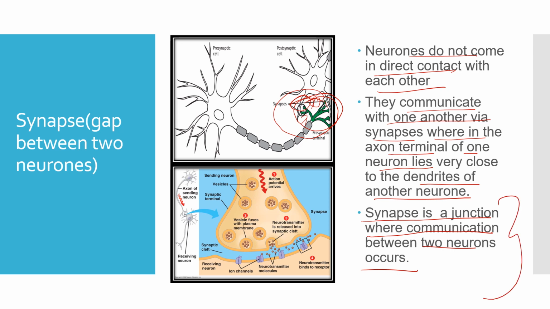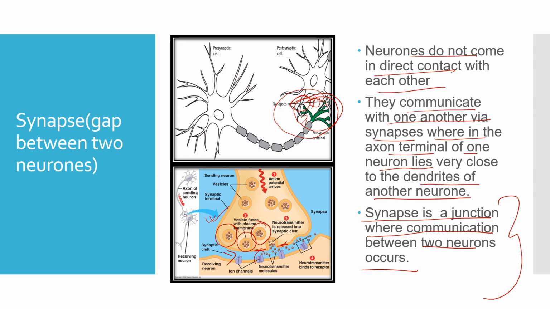How this happens you will study in detail in higher classes, but for a gist I am discussing it. You can see this is the synaptic cleft, and here several vesicles of chemicals, neurotransmitters, are there. They merge with the outer cell membrane and release the neurotransmitter in the synaptic cleft.